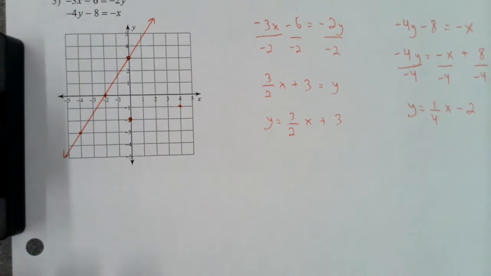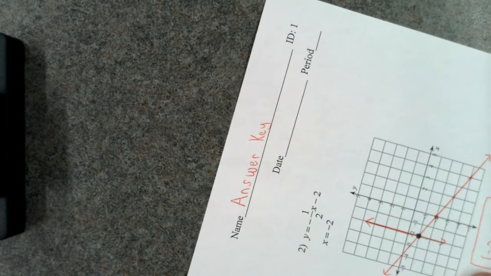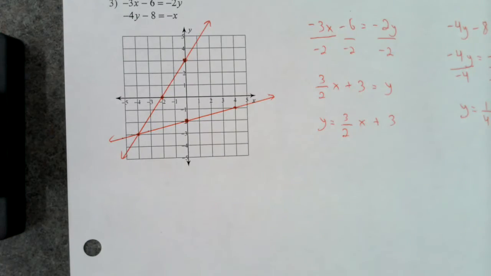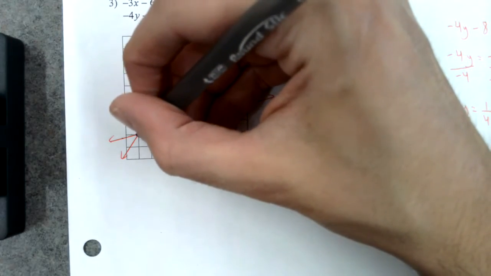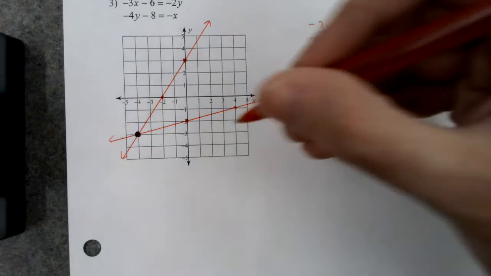And draw your line. So the two lines intersect right here, which is (negative 4, negative 3).